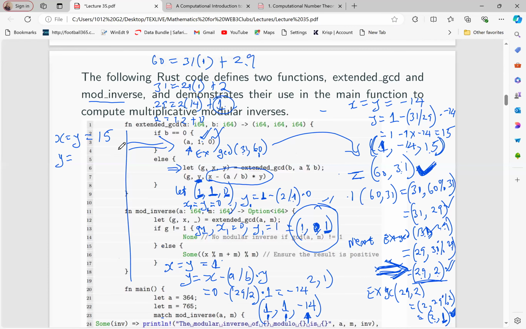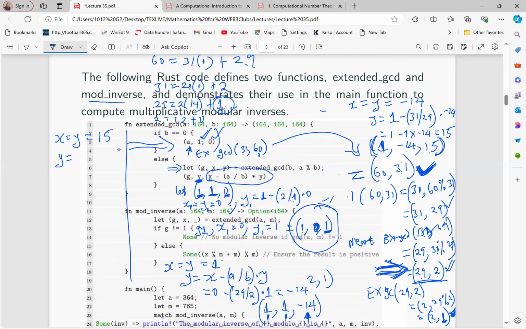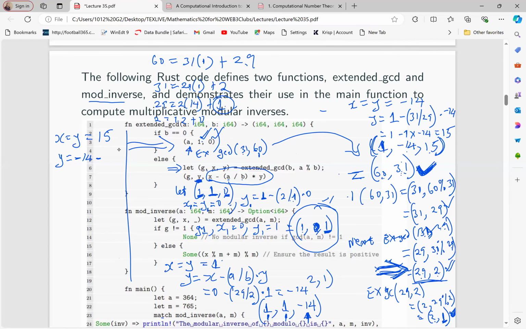What about y? Y will be the x that we are coming with, then minus, I'm just referring to the formula, a divided by b. A is 60 and b is 31. The remainder is what we want. The remainder will be 29. So 60 divided by that, the remainder will be 29.